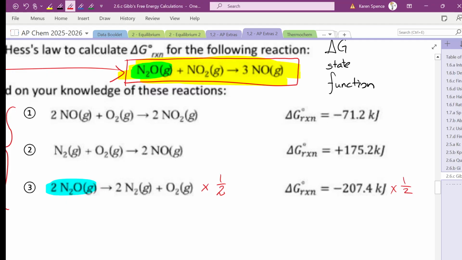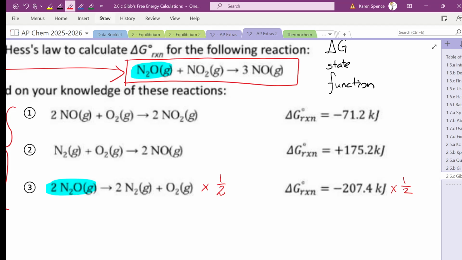All right. Is there anything else from that top reaction that we can see? Like NO2, do we have some NO2? Yeah, we have NO2 on the first one.